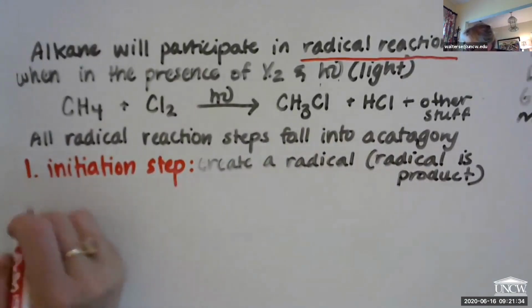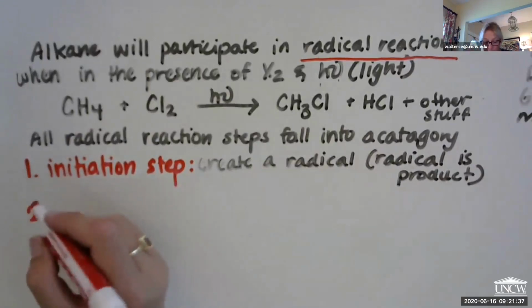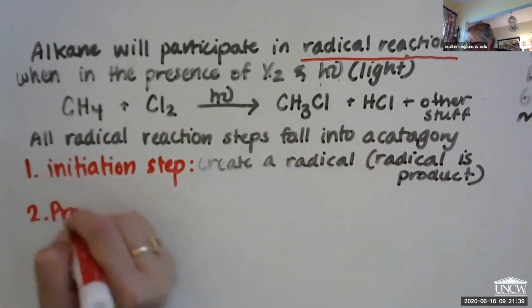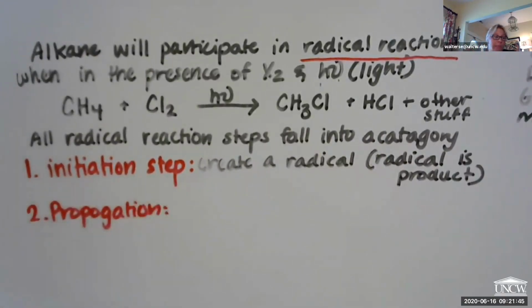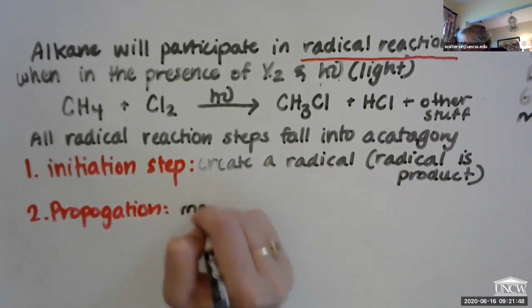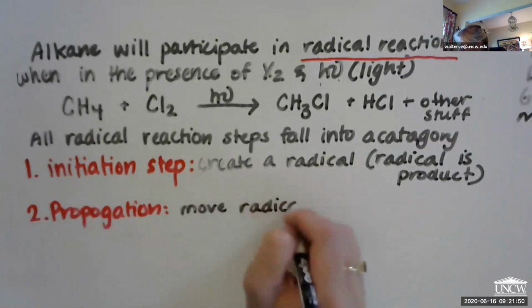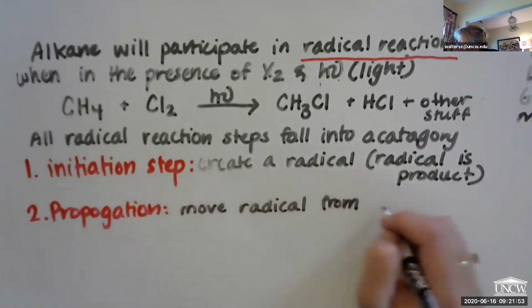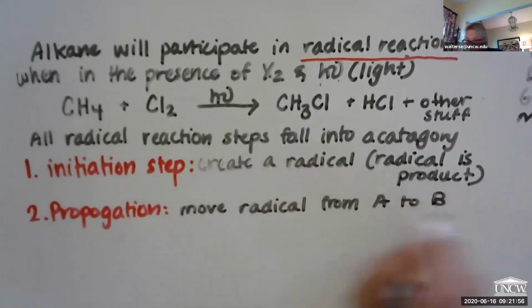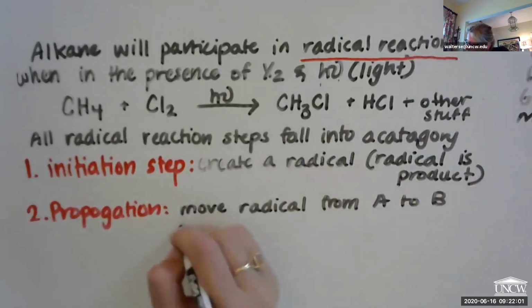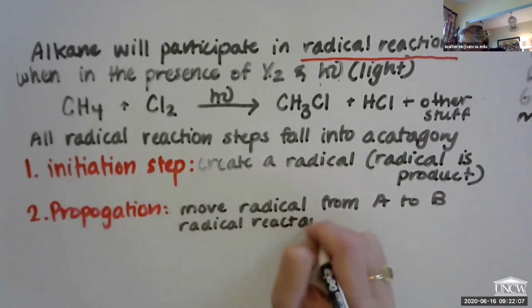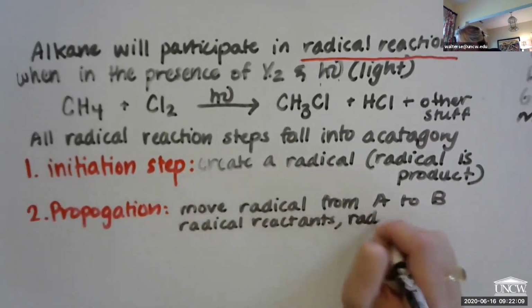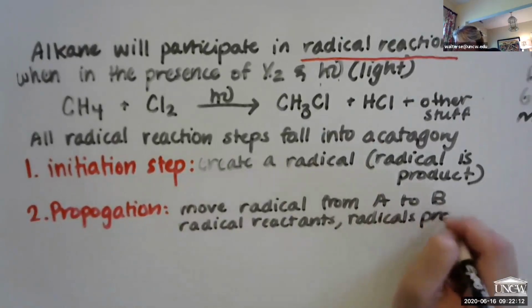The second type of step is a propagation. In a propagation step, you move the radical from species A to species B. So it just moves around to different components in your reaction. You have radicals as reactants, and you have radicals as products.